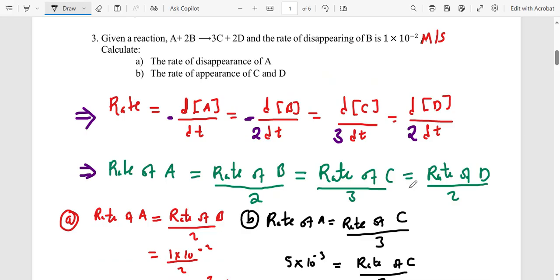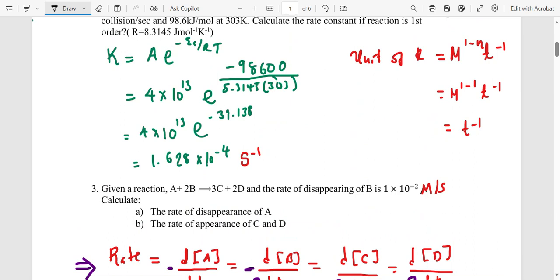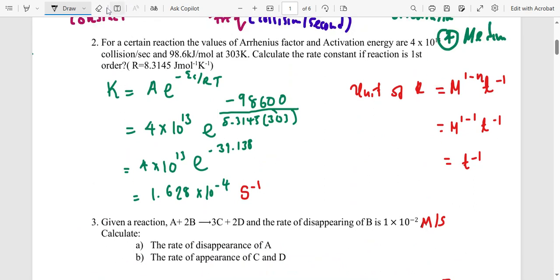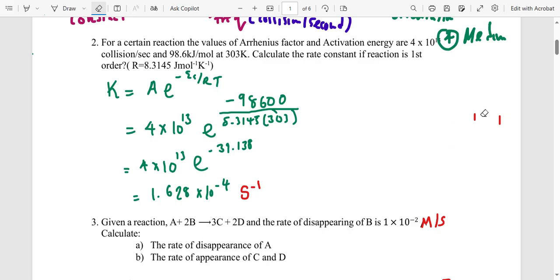And then to find the rate of D, what you have to do is compare any two again. Let me write it on top. Again, I can use the same A. You can decide to use anything that you want, right?